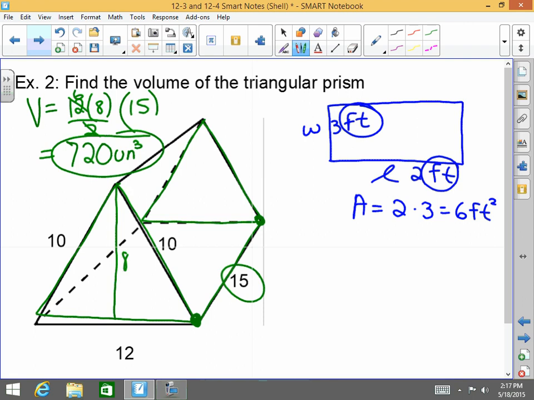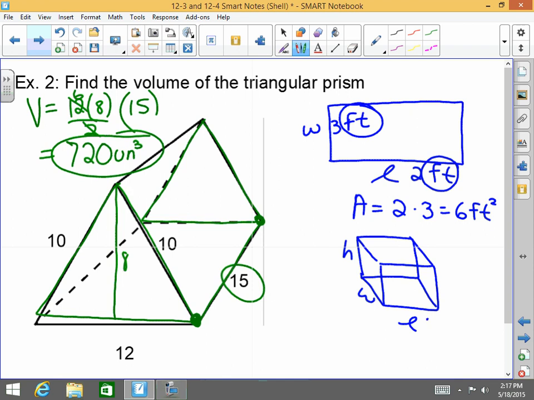Now, when we're talking about 3D figures or polyhedras, now we have three different dimensions. We have a length, a width, and a depth or a height. So we have three different dimensions.